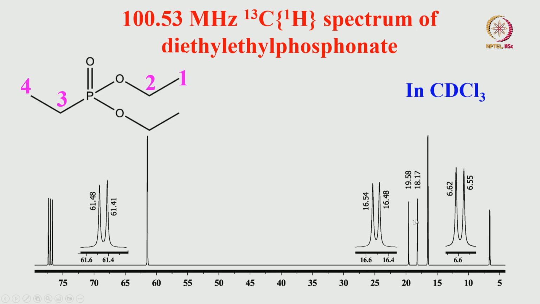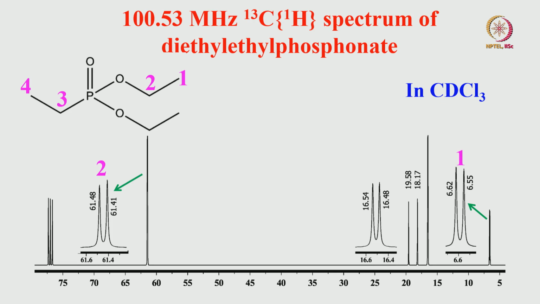So, there are 3 different carbons here and each of them is a doublet here. Of course, I have written 1, 2, 3 and 4, this is also there. We will see now, first one is a doublet, that is because of coupling with this phosphorus, 3 bond coupling is there. Okay, it is a doublet. Of course, phosphorus is a spin half nucleus. As a consequence, carbon peak is split into a doublet.